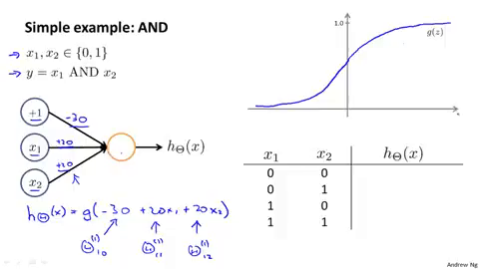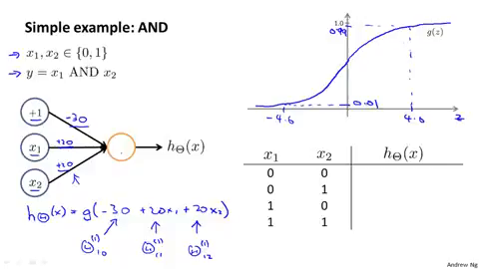And to give you some landmarks, if the horizontal axis value z is equal to 4.6, then the sigmoid function is equal to 0.99. This is very close to 1. And symmetrically, if it's negative 4.6, then the sigmoid function there is equal to 0.01. This is very close to 0.